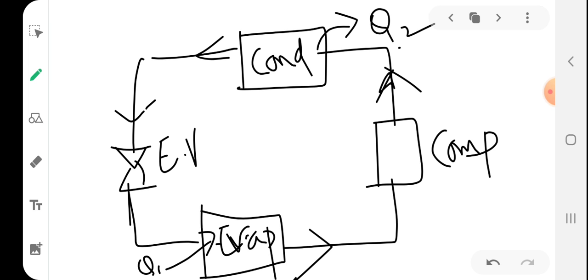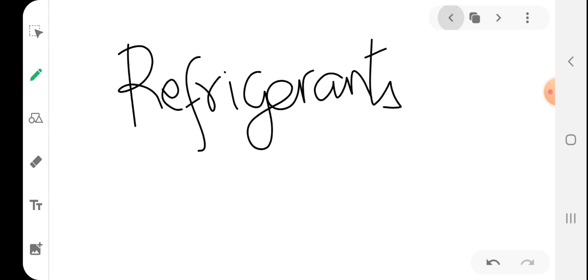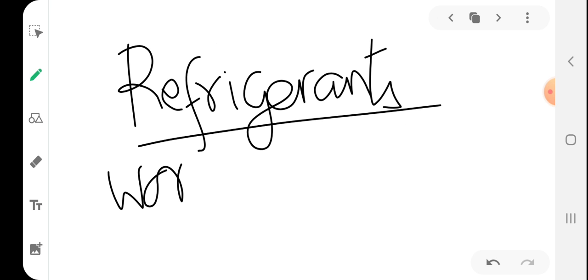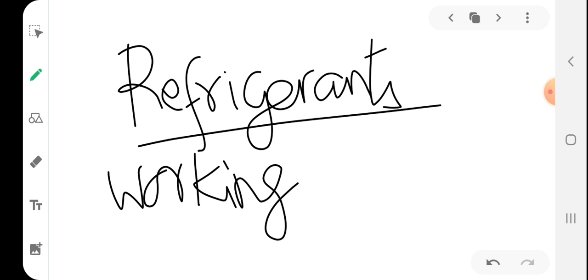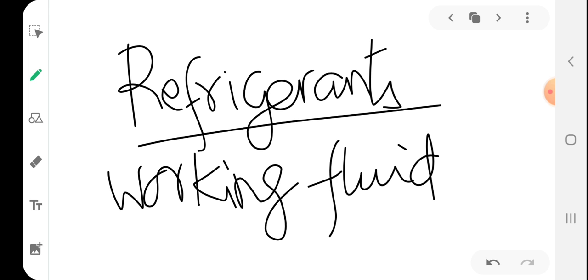So this working fluid which absorbs heat from the space to be refrigerated, and which rejects heat to the atmosphere, is called what? Refrigerant. So refrigerant is that particular working fluid.